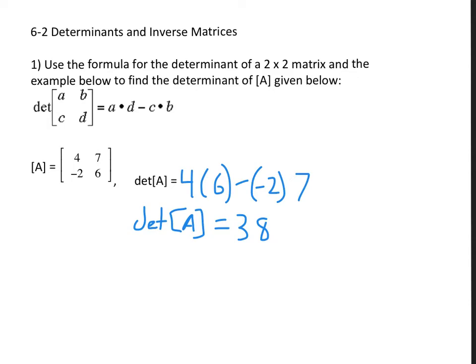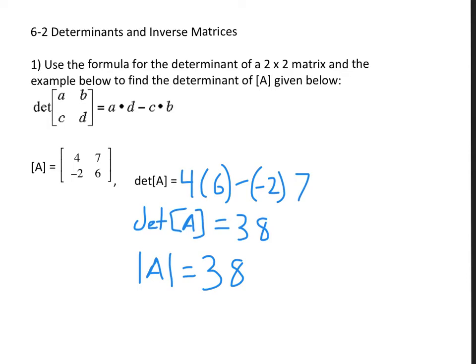Sometimes instead of writing DET, we just use the absolute value bars here. So we could write the same thing by just doing this. And that also means the determinant of matrix A is 38.